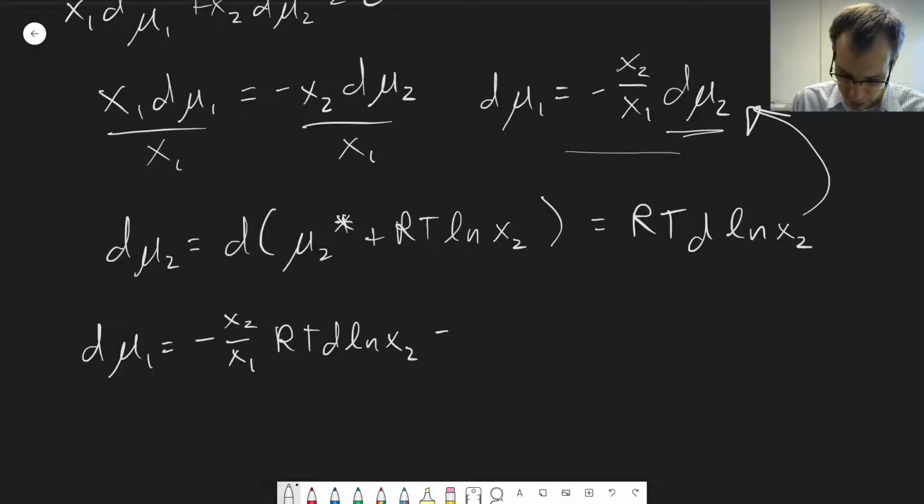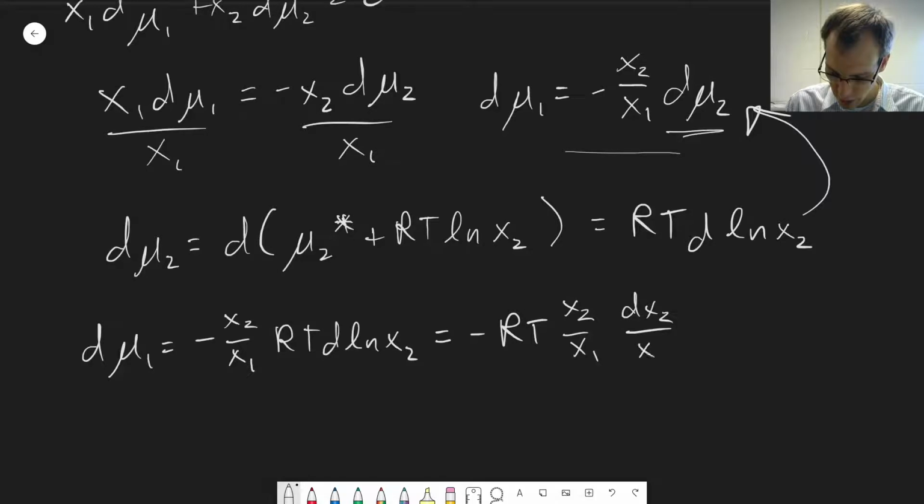And we can rearrange this a little bit. We'll move the RT out front. We have our x2 over x1 and our negative sign. And then we can rewrite d log x2 as, using the chain rule, dx2 over x2. This is just a property of the derivative of a natural log.